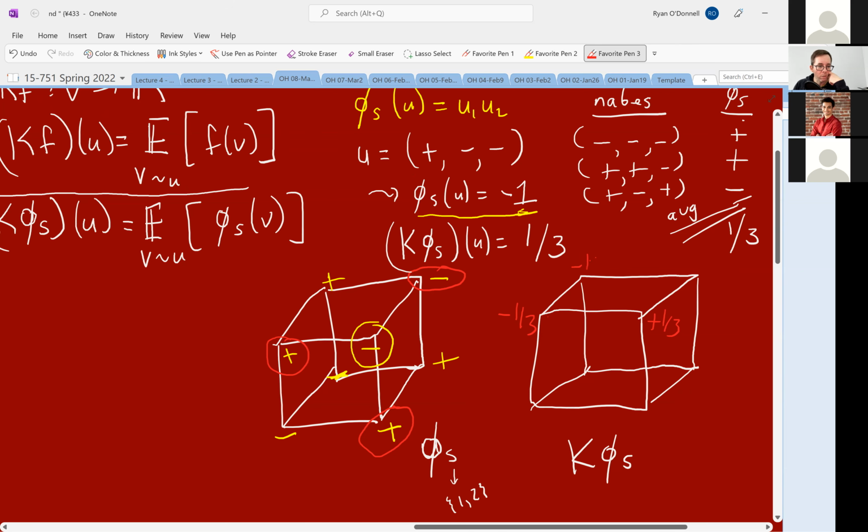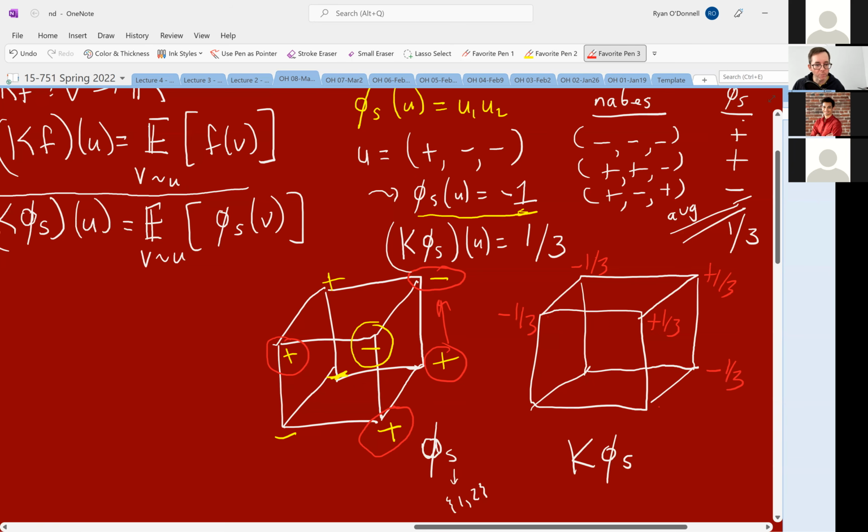What I'm doing here is looking at this thing and averaging its 3 neighbors. It has one neighbor that's minus, one neighbor that's minus, one neighbor that's plus. So the average value is minus 1/3.